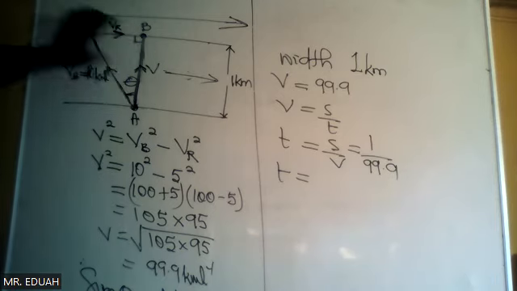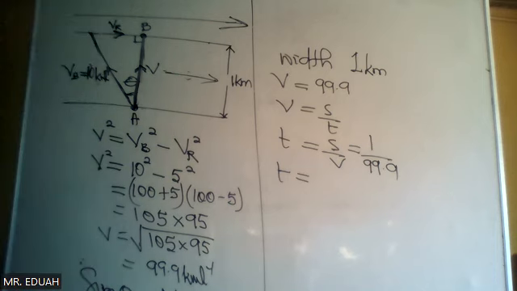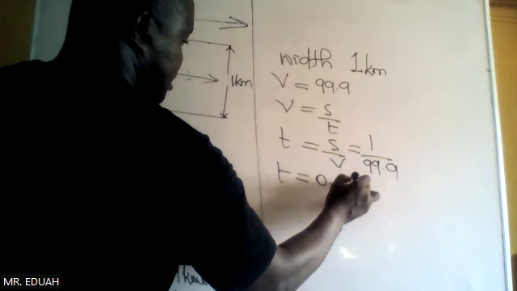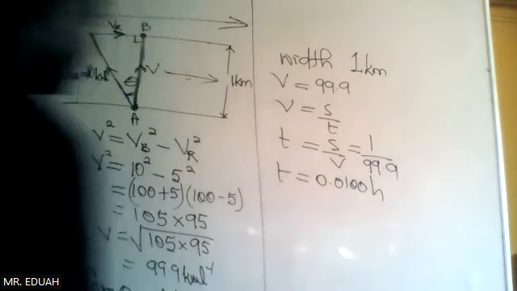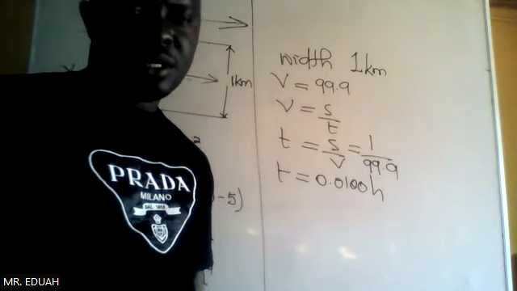We are looking for this. So 1 divided by 99.9, we have 0.0100 hours, which we can convert to minutes. So that is how to determine the answer to the question.